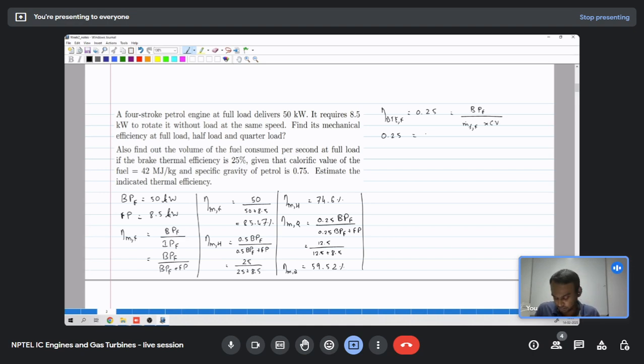So 0.25 is 50 kilowatt, I would write everything in SI units, divided by m dot f at full load into calorific value. So calorific value is given as 42 megajoules, that is 42 into 10 power 6 joules per kg. Now I can calculate m dot f at full load. So that is 4.762 into 10 power minus 3 kg per second.